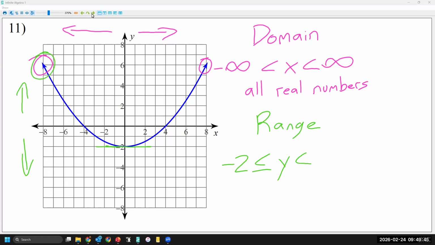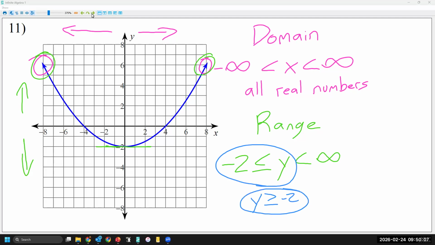Well, I got two different arrows pointing up, so it goes up to positive infinity. Well, I only have infinity on one side, so I can't write all real numbers for the range. But if I think, okay, that right there, we'll flip them to put the variable on the left, and I'd get that as an answer.